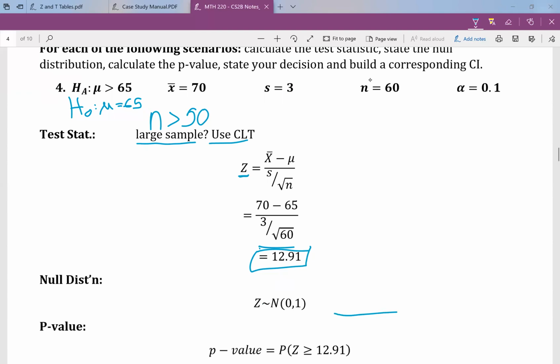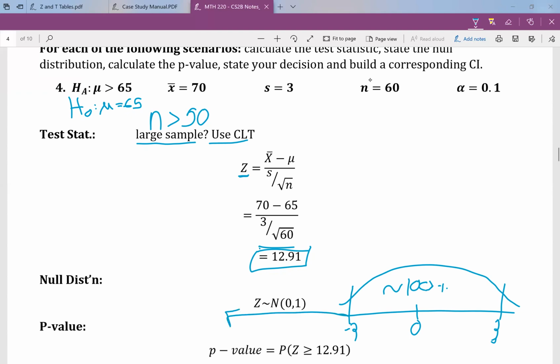All right, so if I draw my standard normal curve, between -3 and +3 is where we have approximately 100% of our distribution, okay?